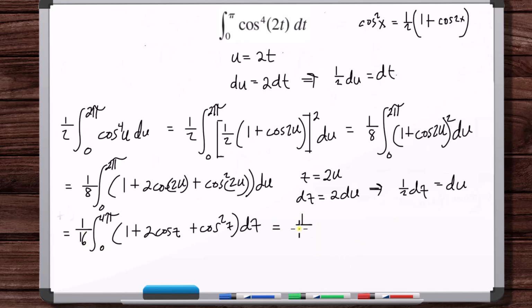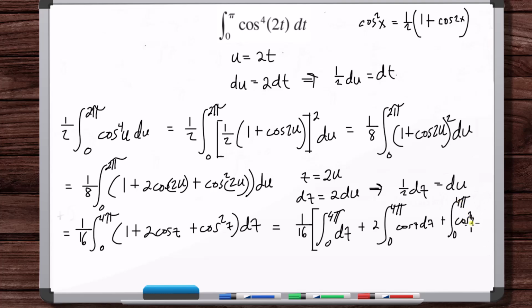So we've got 1/16, and then we can separate this into separate integrals. 0 to 4 pi dz plus 2 times the integral from 0 to 4 pi of cosine z dz plus the integral from 0 to 4 pi of cosine squared z dz. Okay, so now this cosine squared here, to solve this, we need to use the half angle identity.